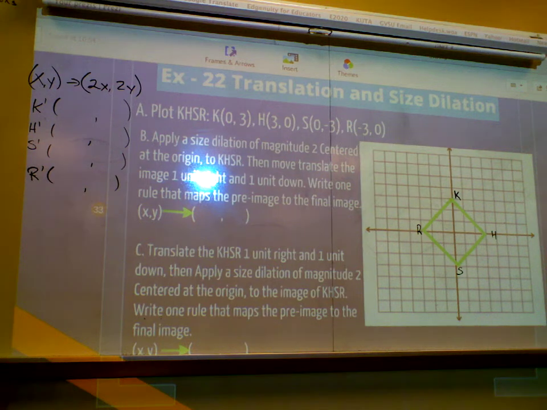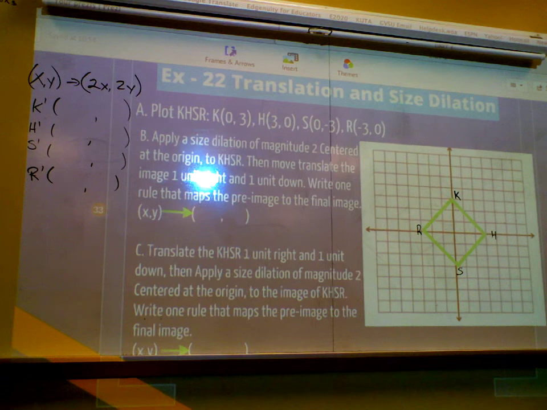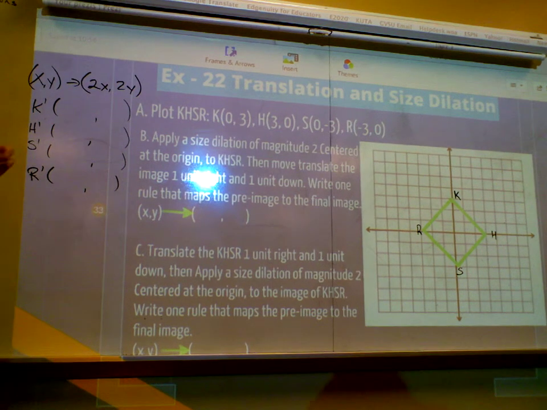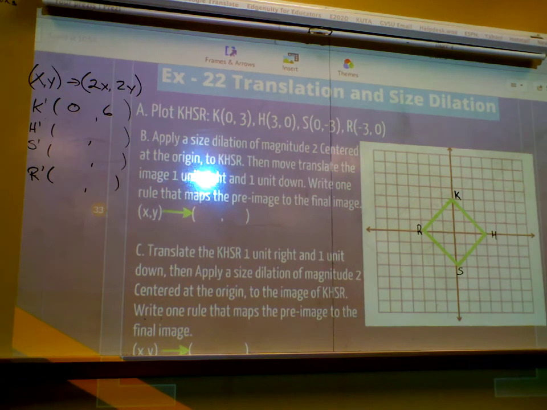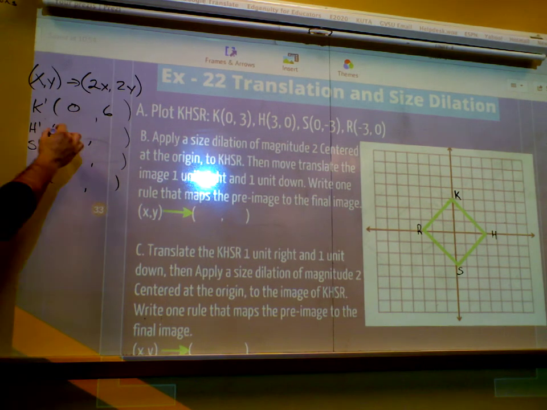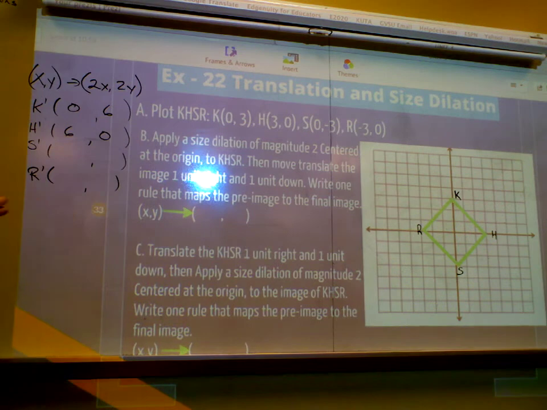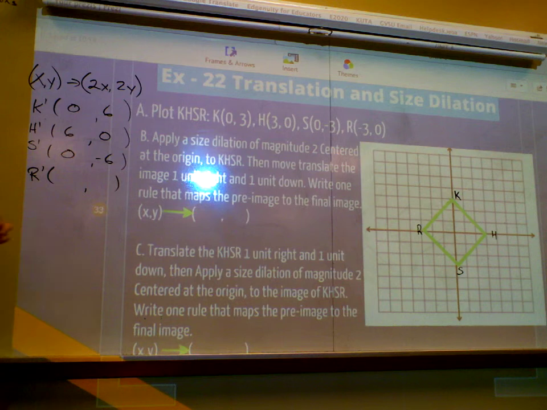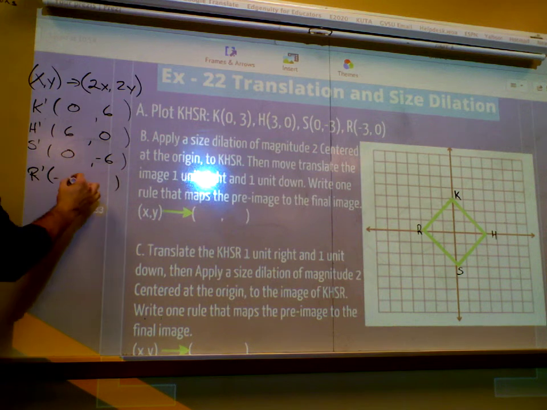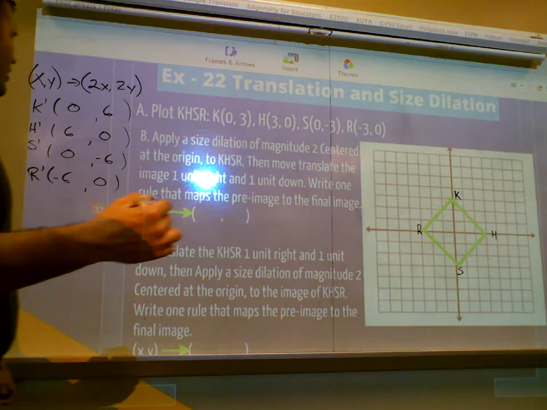So if I apply a size dilation to K of magnitude 2, what does my image look like? 0, 6. What about H? 6, 0. What about S? 0, negative 6. What about R? Negative 6, 0. Okay. So I'm going to plot that.